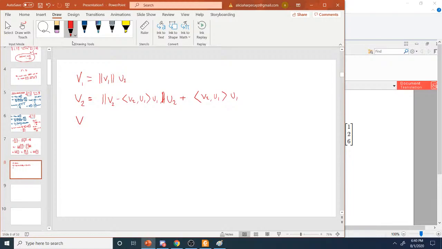And then V3 is equal to the magnitude of V3 minus the inner product of V3 with U1 times U1 minus the inner product of V3 with U2 times U2, all multiplied by U3, plus the inner product of V3 with U1 times U1 plus the inner product of V3 with U2 times U2.